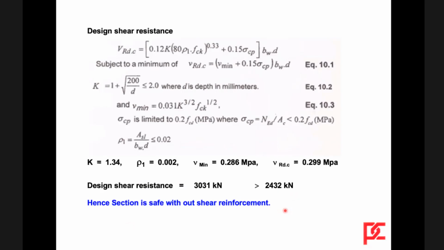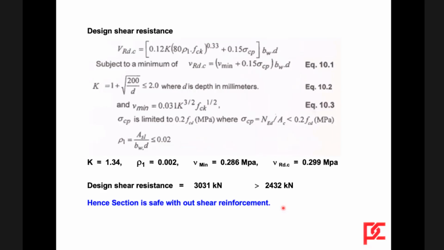Sometimes when the pile loads are very high, you will require shear reinforcement. See here, the code says minimum pile cap thickness is 1.5 times the pile diameter. So we have used 1800 mm pile cap depth, whereas our pile load is only 400 tons.